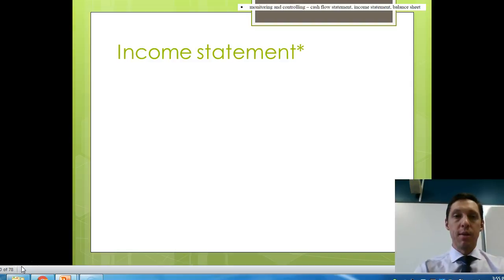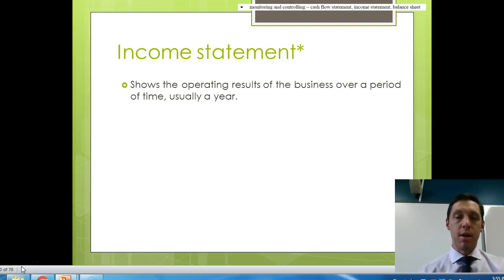Now we're going to move on to the income statement. The income statement has a number of names, which is referred to at the bottom of this slide. Those names are profit and loss statement, revenue statement, or statement of financial performance. And as that name suggests, the last one, the statement of financial performance, it shows the operating results for the business over a period of time.